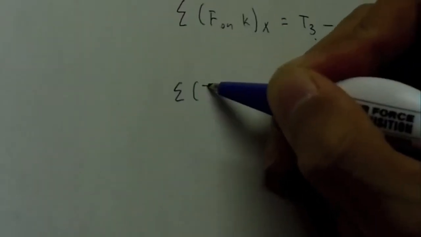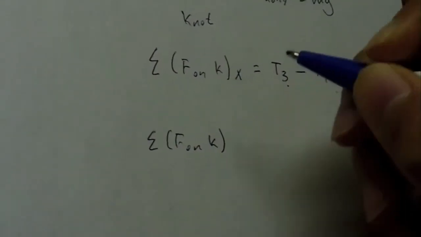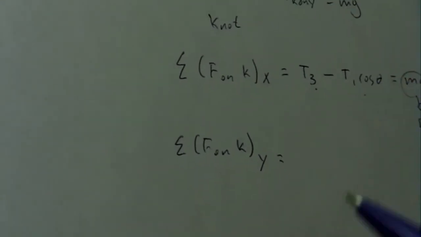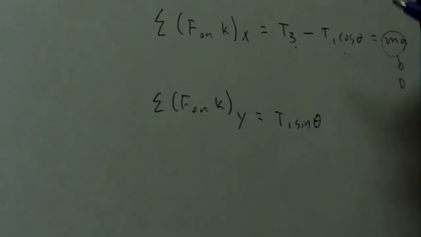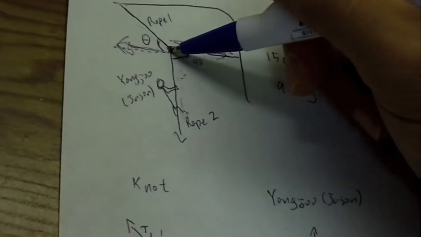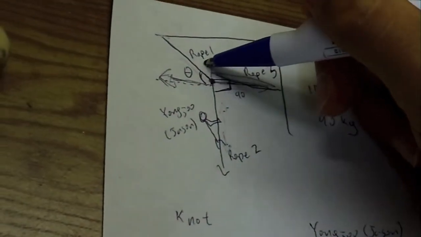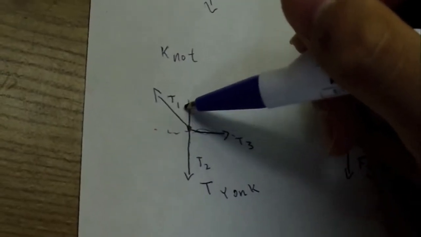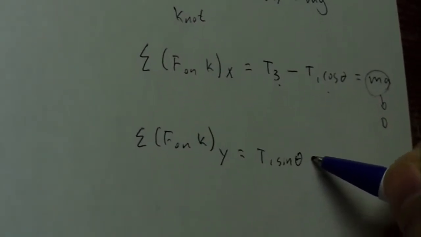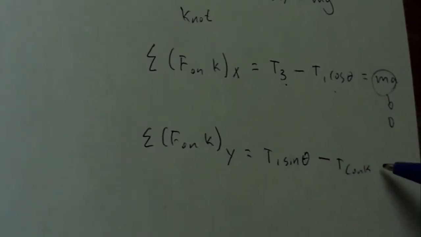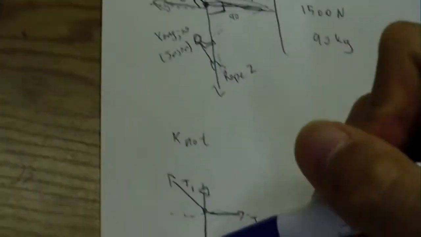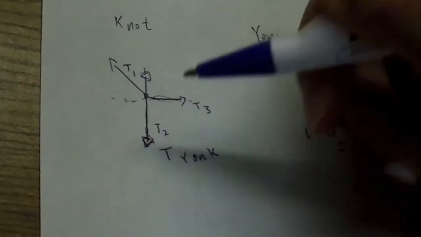Okay, total force on the knot in the y direction is going to be T1 sine theta, which is going in this direction, minus T of Youngju on knot, which is going to be this, which is ma.